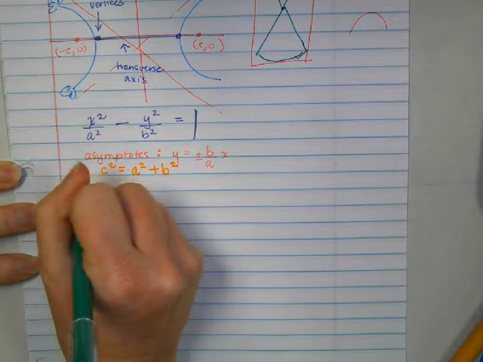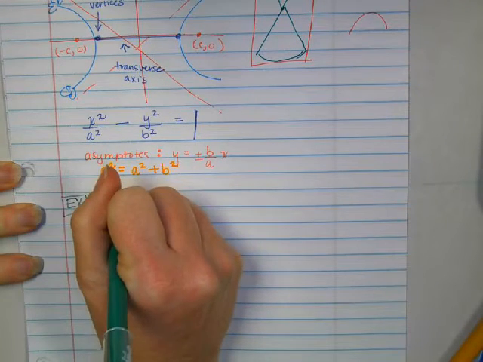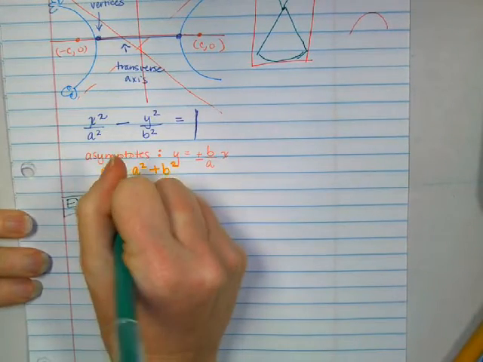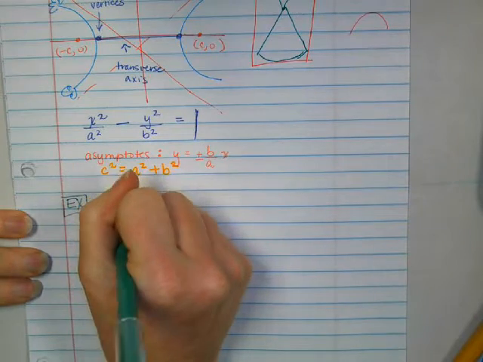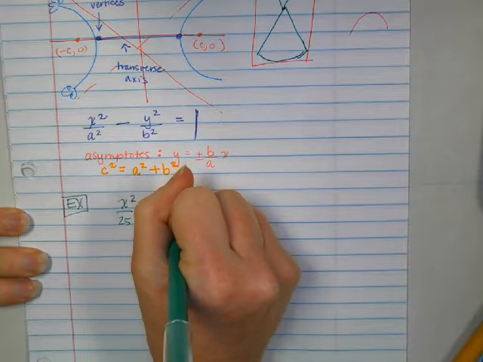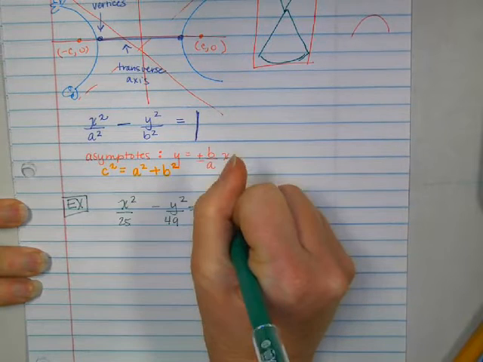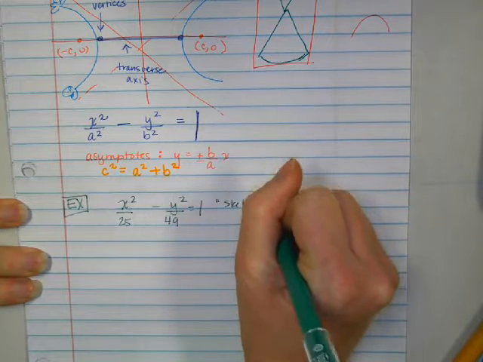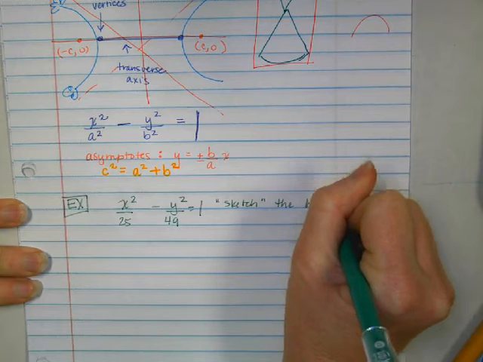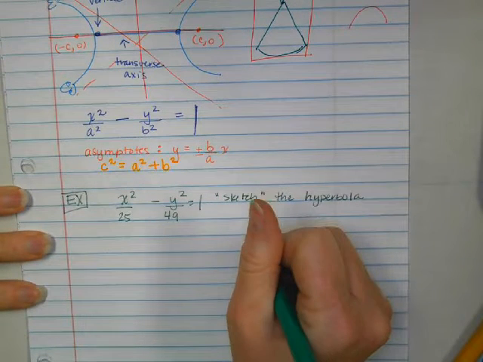All right, so they give me x squared over 25 minus y squared over 49 equals 1. We're going to sketch the hyperbola. And we're going to find our vertices.